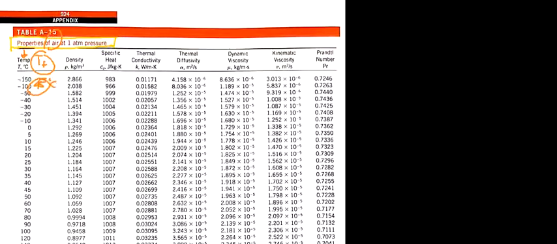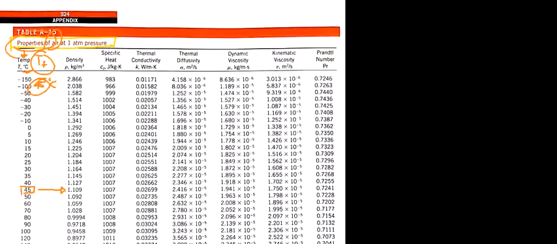So we need to locate the 45 degrees Celsius here. From here you need to project to the right side of this table to know the different properties of air.